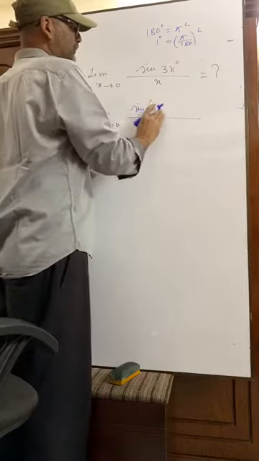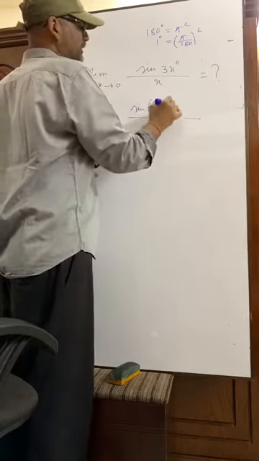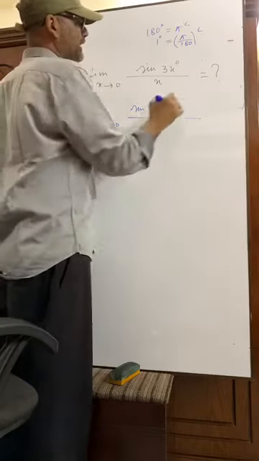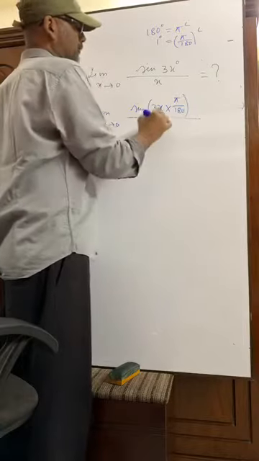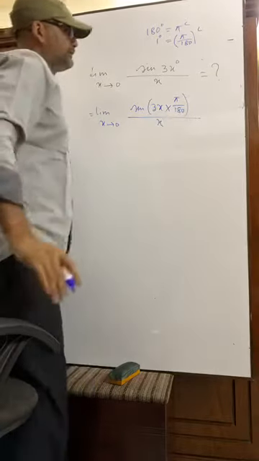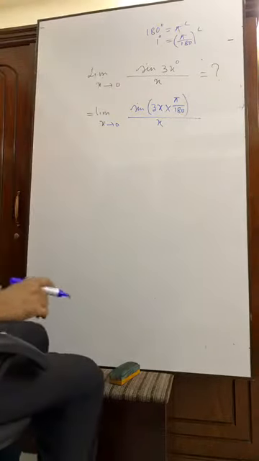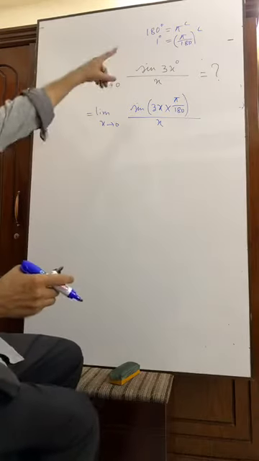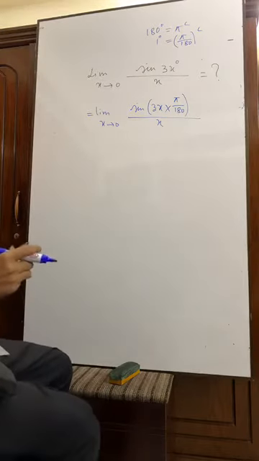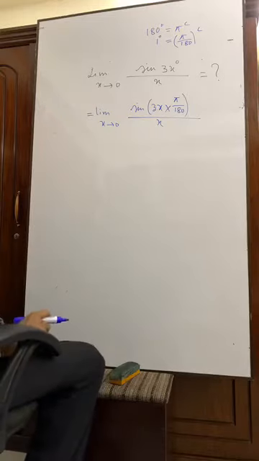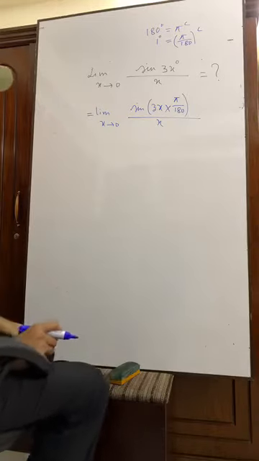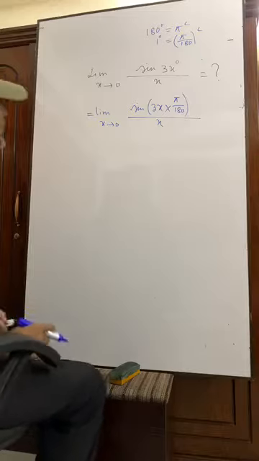So this is thrice x. What is 1 degree? 1 degree equals pi by 180. Please try to understand. I have just put the value of 1 degree. 1 degree equals pi by 180 radian.